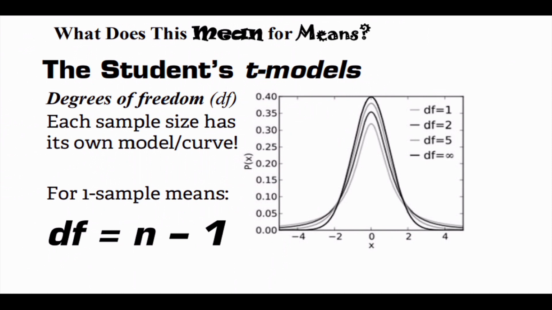Degrees of freedom. What is degrees of freedom? The formula for degrees of freedom is n minus 1. So let me give you an example. Degrees of freedom means every number in the sample has the freedom to be whatever it wants, except for one number. Okay? Let me get a separate sheet here.